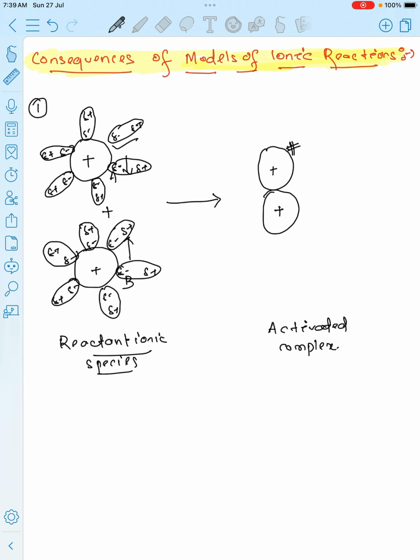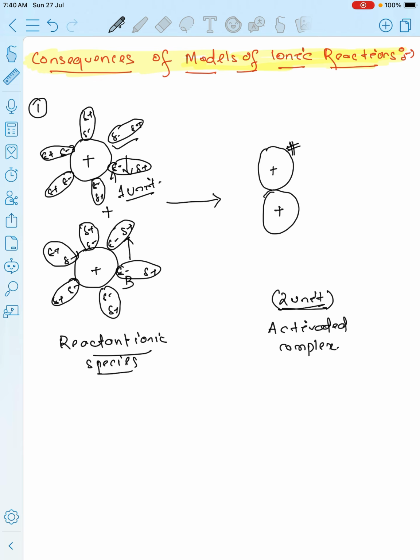That means this activated complex will also be surrounded by solvent molecules by ion dipole interaction. But the thing is that the ions have one unit of positive charge each, and now when they form an activated complex, as a whole the activated complex has two units of positive charge, one from each ion.